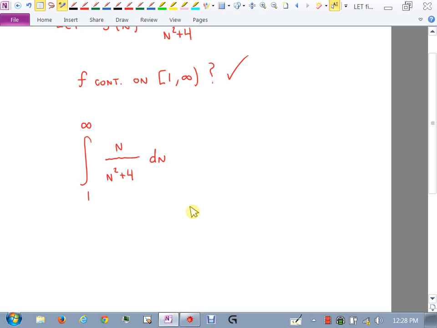Technique of integration here. Basic u sub. U is equal to n squared plus 4. The derivative of that is 2n dn, right? You're off by 2. So bring a 1/2 out. And rewrite this integral.